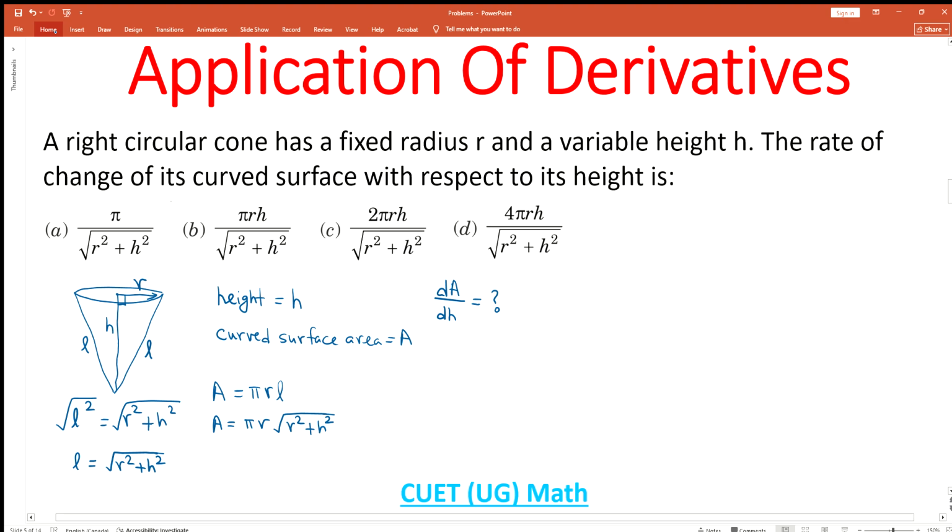This is the equation we can use to find dA over dh. As per the problem, the right circular cone has a fixed radius. That means for the derivative, we can assume that r is a constant. We should change the square root to rational exponent 1 over 2 because that will make it easier to find the derivative.